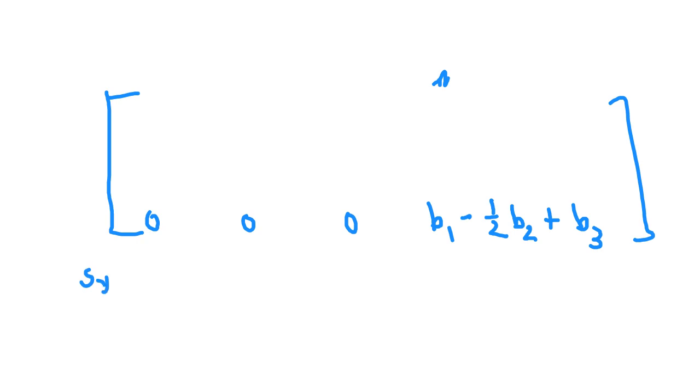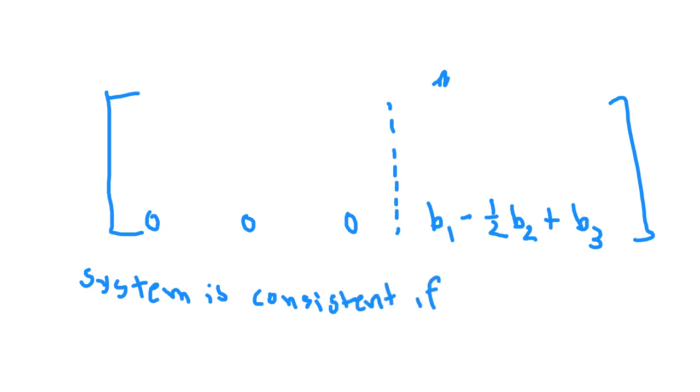Okay, so the system, an augmented matrix, and I'm not putting in the first two equations, just the last equation. The system is consistent if B1 minus 1/2 B2 plus B3 equals what? That's right, it would have to equal 0.